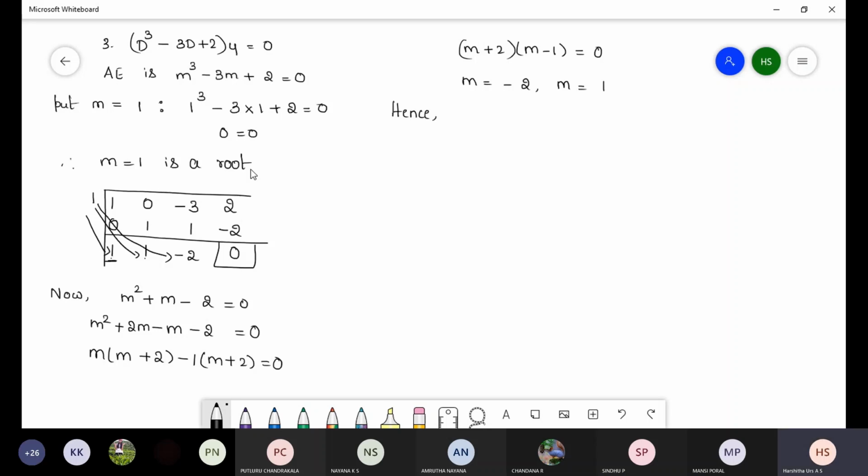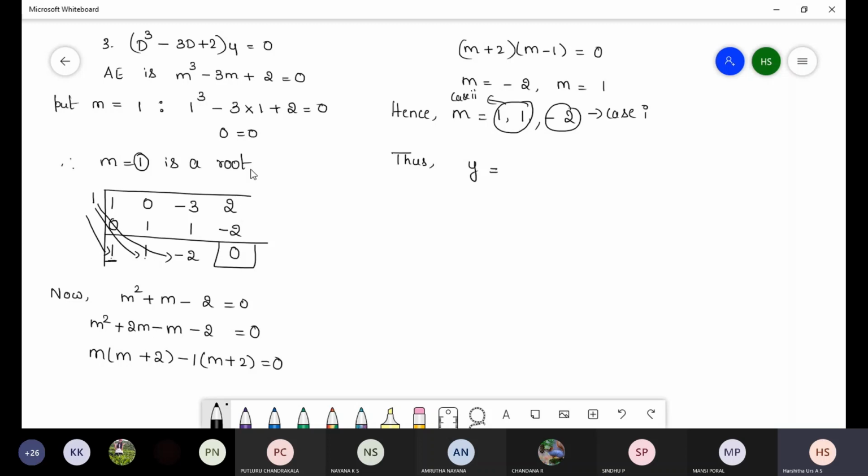Hence, as we have third order, the root should be 3. So m is equal to 1 is this one, from the trial and error method, root 1. Next 1 and minus 2. Here these 2 come under case 2, and this one comes under case 1. So a combination. Thus, y is equal to, you can write either case 2 first or case 1 first, anything.